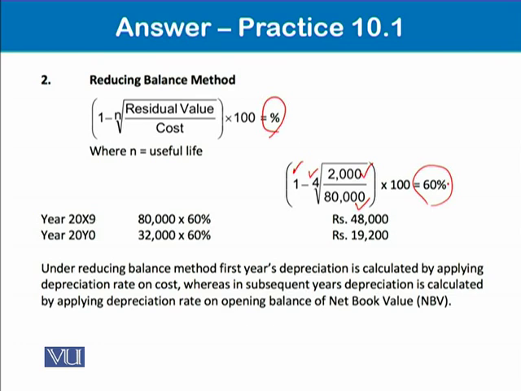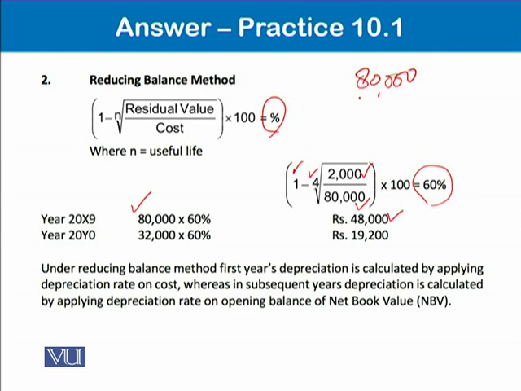And remember, for applying this depreciation rate, for the first year, we will use the cost of the asset. Here, we will not use the depreciable amount. Remember, this is an important tip. And then for the next year, the depreciation for X9 will be subtracted from the cost to calculate net book value.